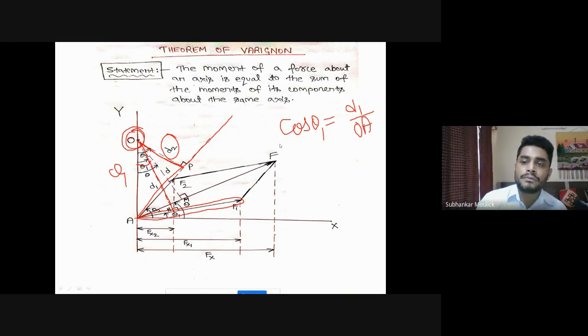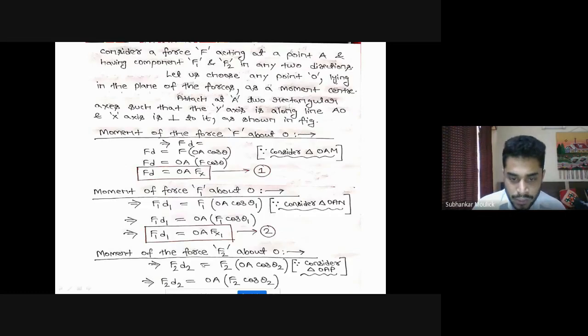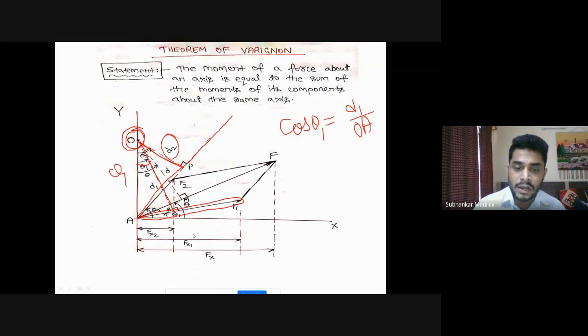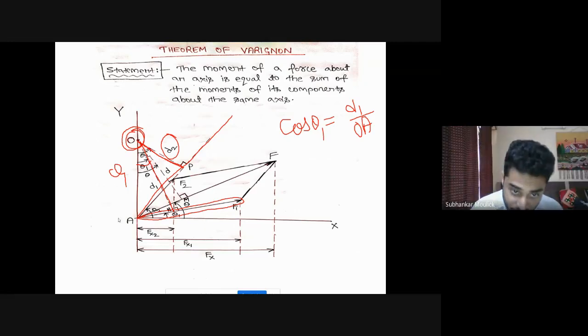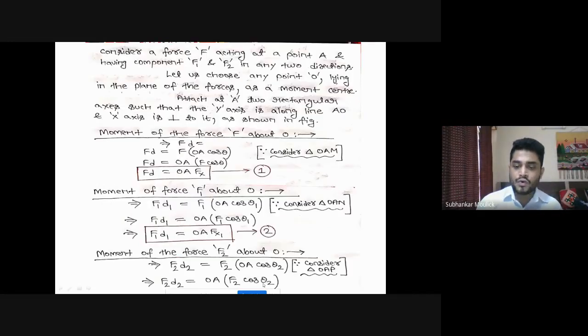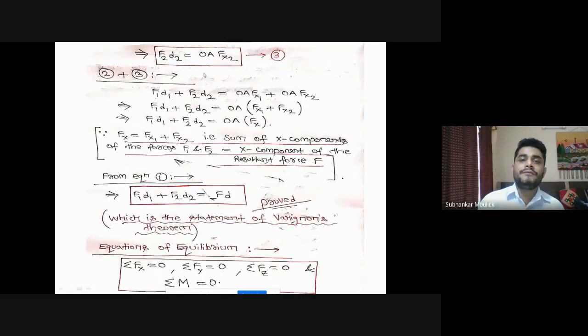So D2 becomes OA cos theta 2. OA take out of the bracket, F2 inside the bracket, it will be F2 cos theta 2. Now from the diagram, what is the value of F2 cos theta 2? Fx2, very good. So I can replace F2 cos theta 2 by Fx2, equation number 3.